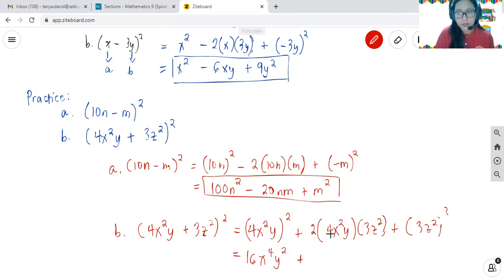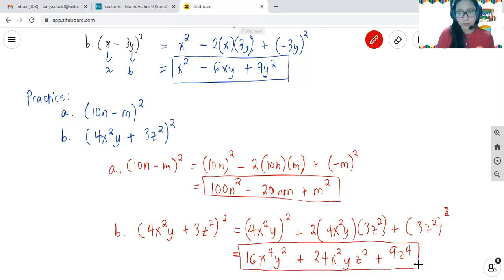Plus 2 times 4 times 3, that would give us 24, x squared, y, z squared. Plus 3 squared is 9, z, and then z squared times 2, that's z to the fourth. So did you get the same answer?